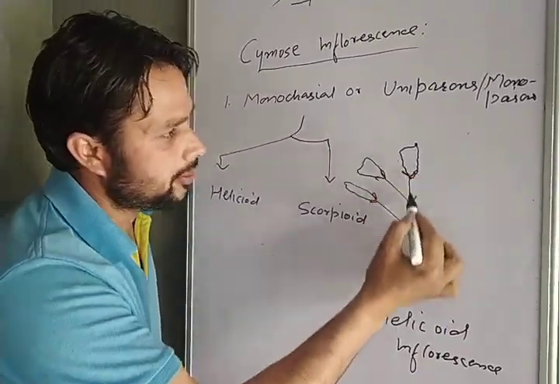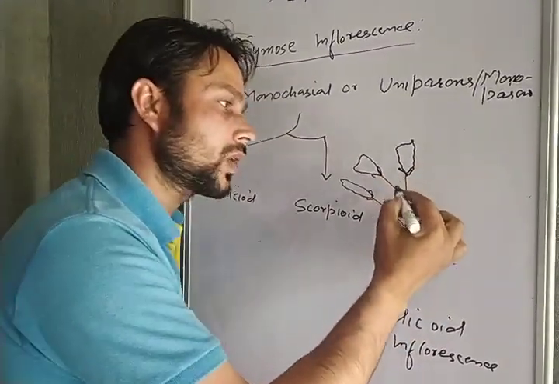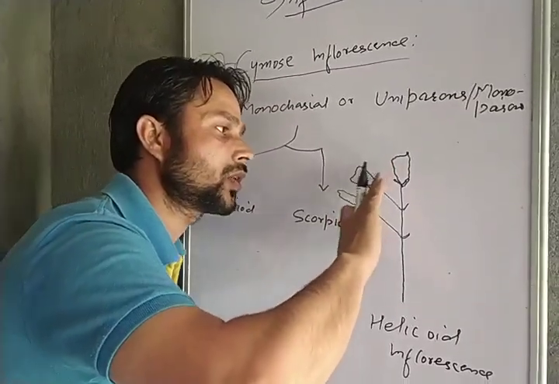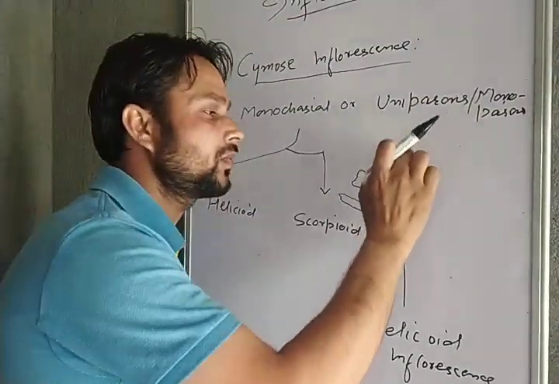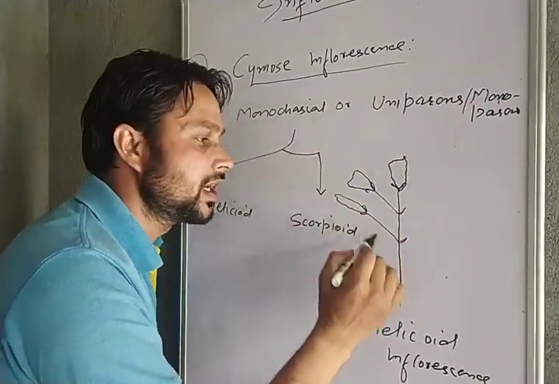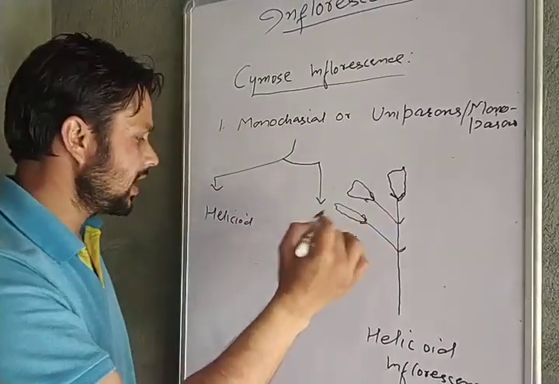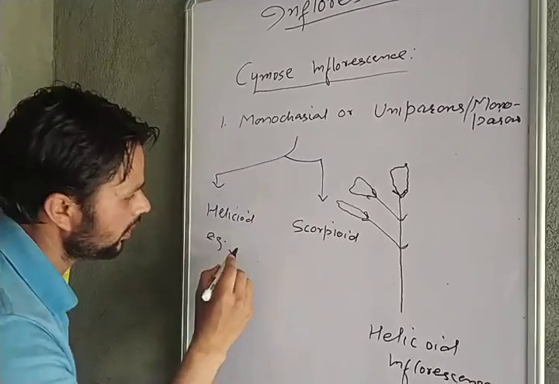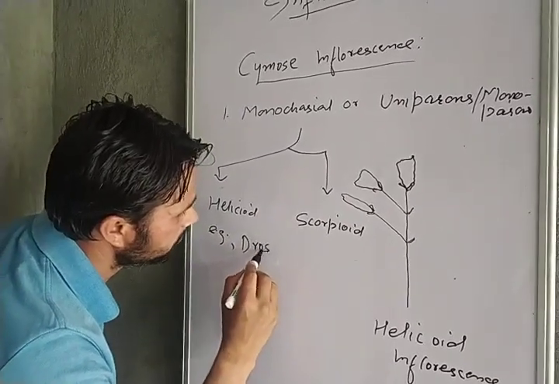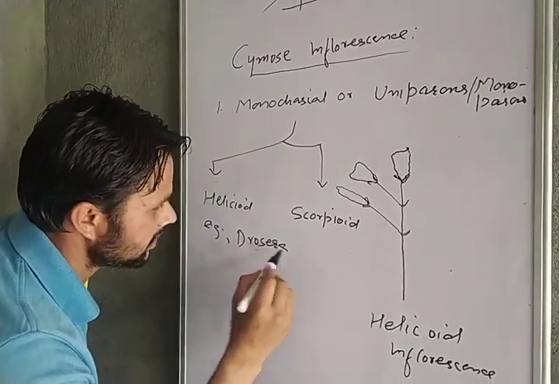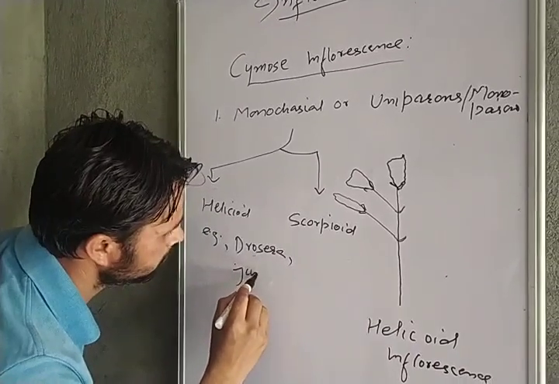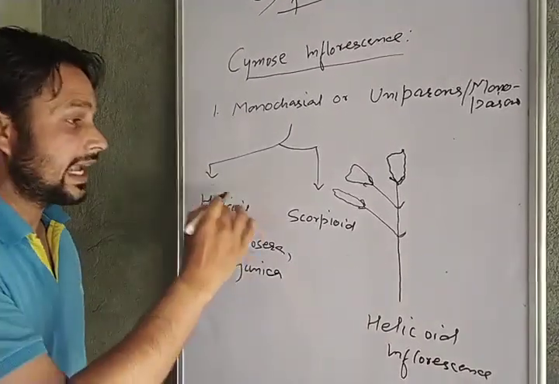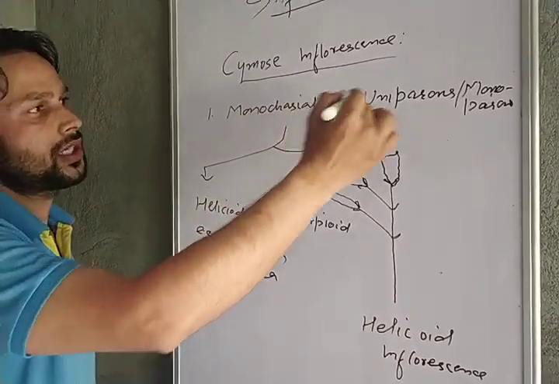In helicoid inflorescence, the floral axis is pushed towards one side and the flowers are alternating only on one side. This is called helicoid. For example, we can say Drosera, we can say Juncus. These are examples of helicoid monochasal inflorescence.